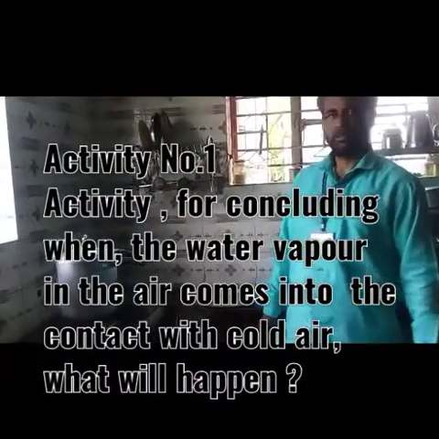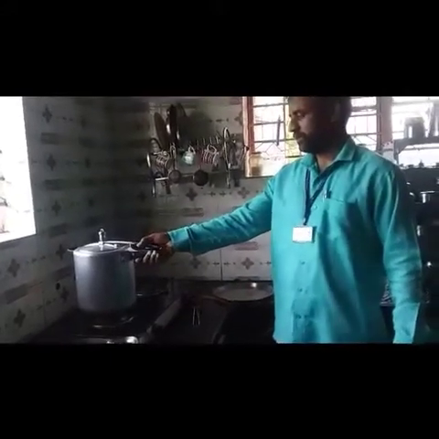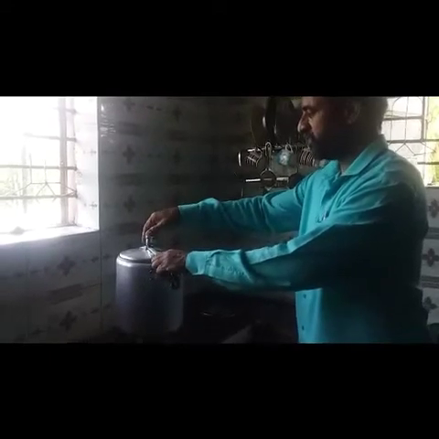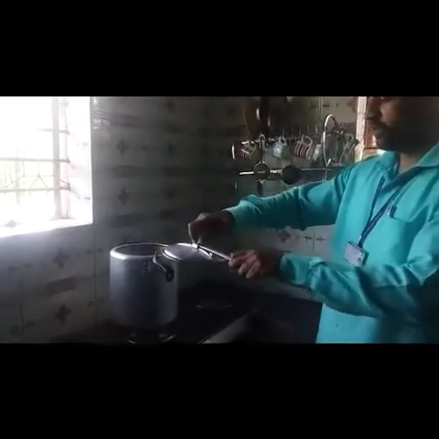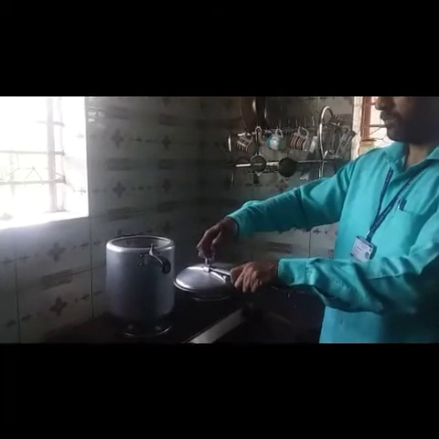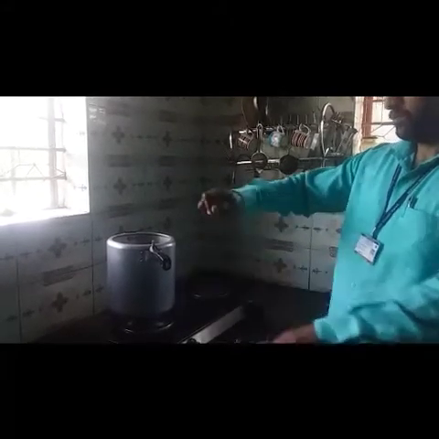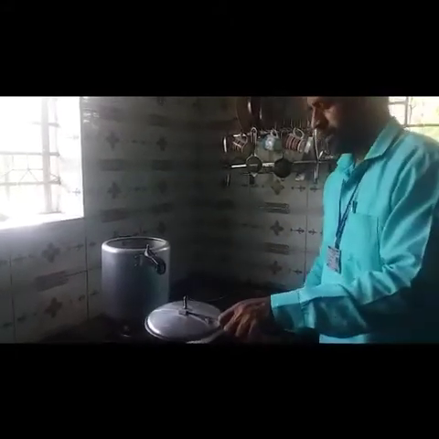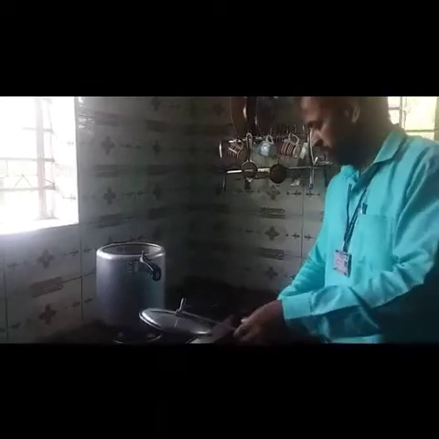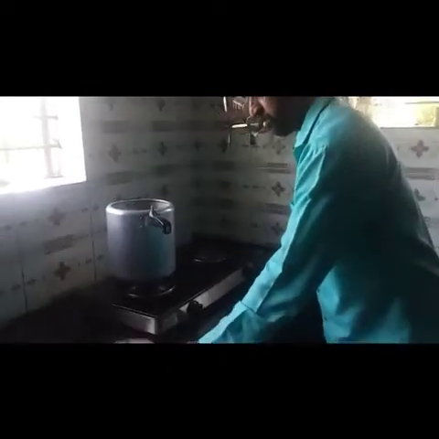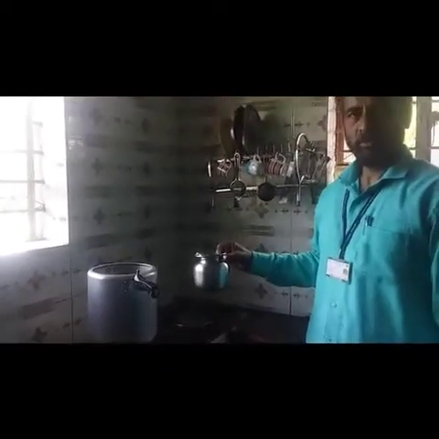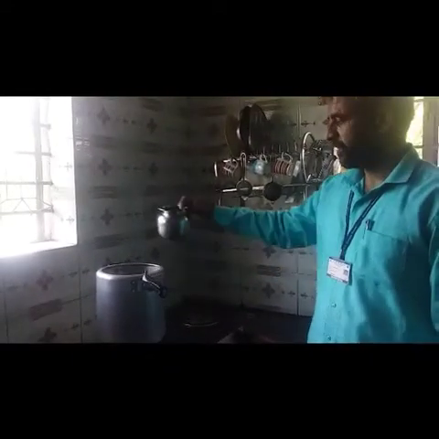At first, take a pressure cooker. Look at this pressure cooker. Take off the whistle of the pressure cooker. I have removed the whistle of this pressure cooker, and now fill some water inside the pressure cooker.